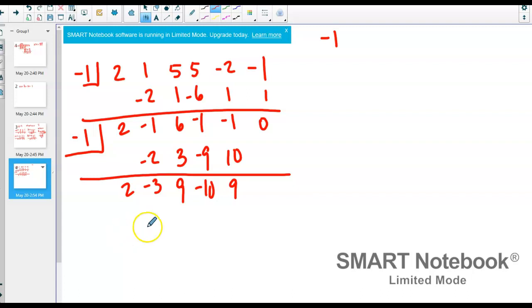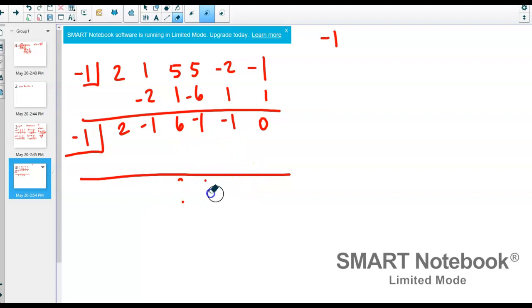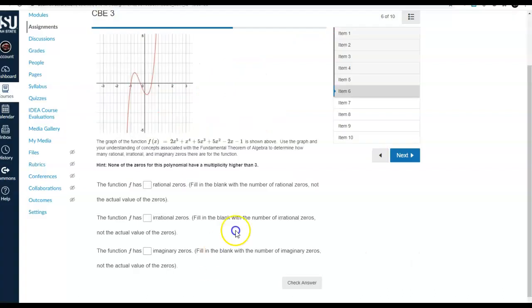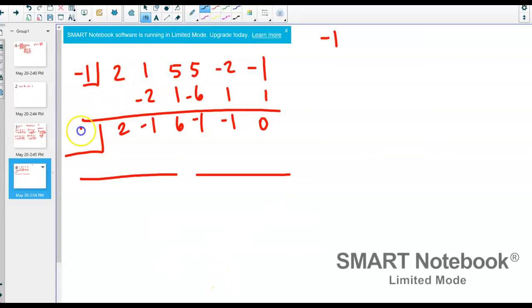So let's do that. I'm just going to erase all this and all this here, and we're going to do positive 1/2 with this one.